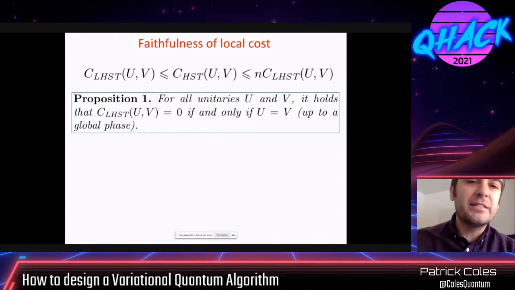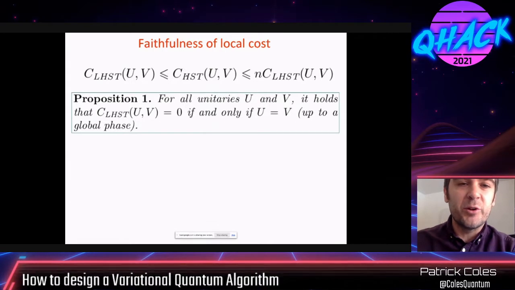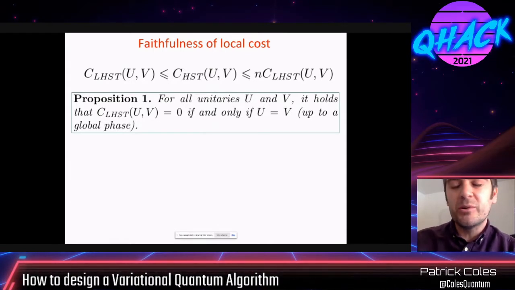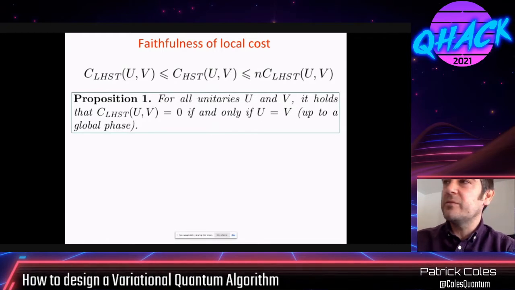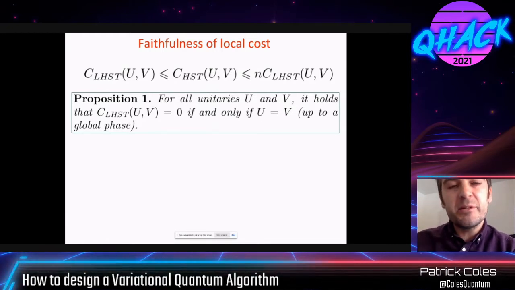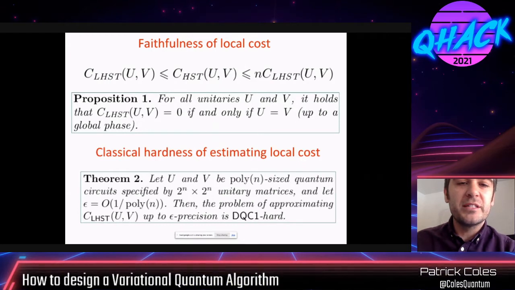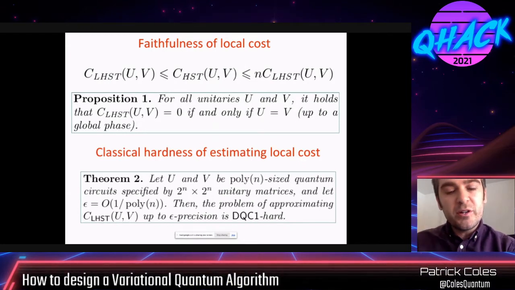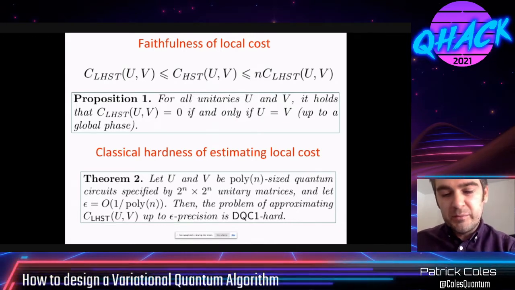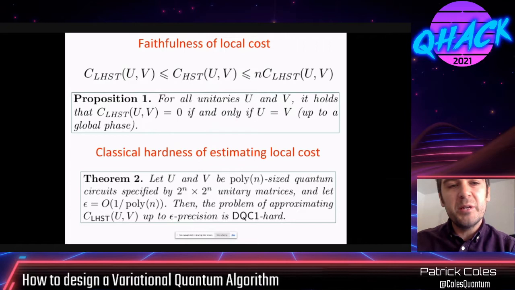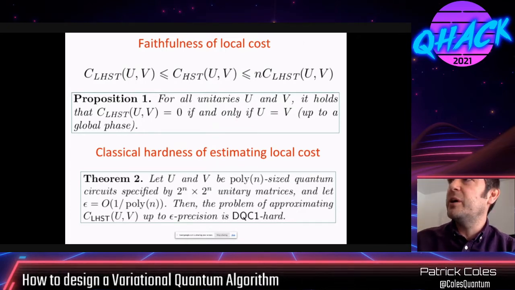That implies that the two cost functions vanish under precisely the same conditions. And we know that the global cost is faithful, which then implies that the local cost is faithful. Similarly, we can show the classical hardness of estimating the local cost as well. So our local cost ticks off all these boxes that we want: we have an efficient quantum circuit to compute it, it's classically hard, and it's also faithful.